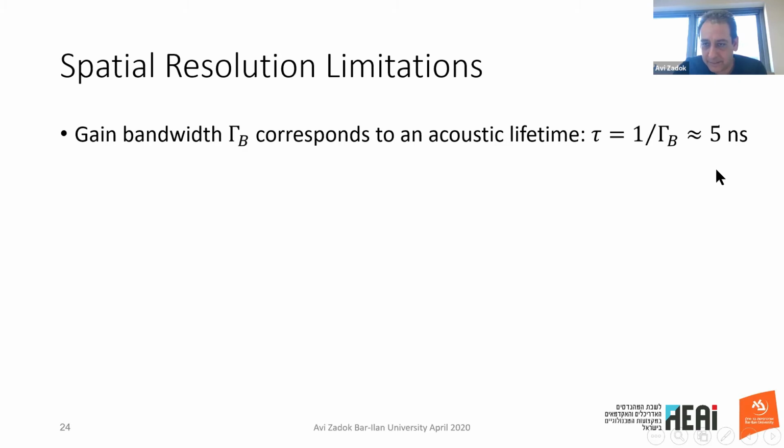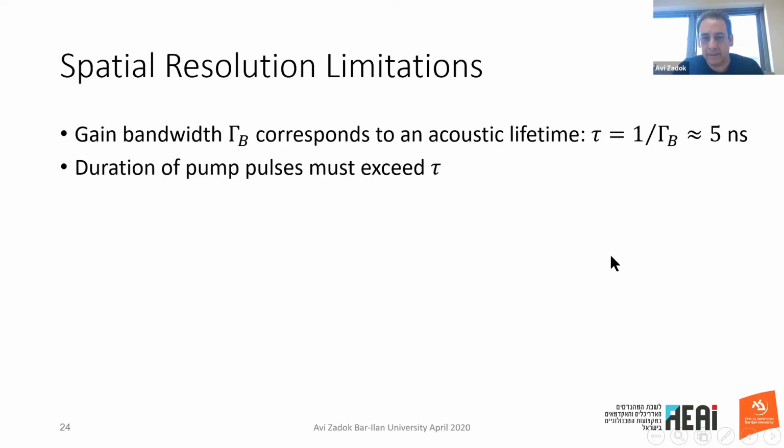How many? Something like 5 nanoseconds. What does this mean? It means that the pump pulse must be long enough to effectively drive the acoustic wave. It has to be at least 5, maybe 10 nanoseconds long. Otherwise, the stimulation of the acoustic wave is partial and our measurements are degraded.